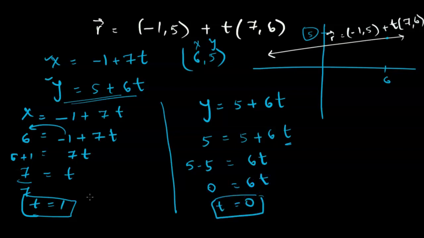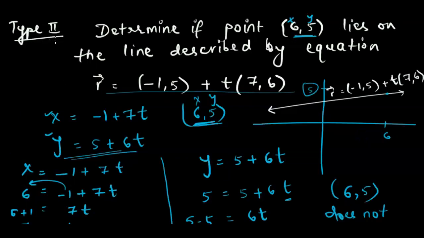Now, since t is equal to 1 and t is equal to 0 here, we have different t values. For a point to lie on a particular line, we need to have the same t values, because t has to be constant for that particular line equation for a point. Since we're not getting the same t values, that means (6, 5) does not lie on the line. And this is how we do a type 2 problem, where we have to determine if a point lies on the line described by the equation.